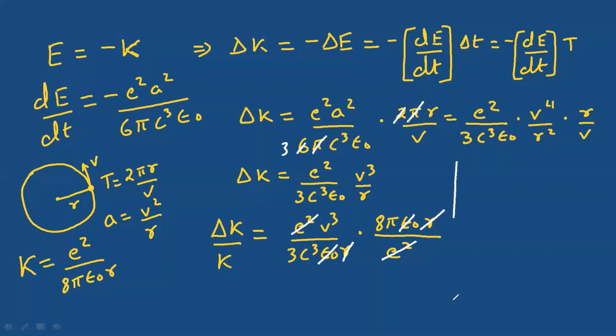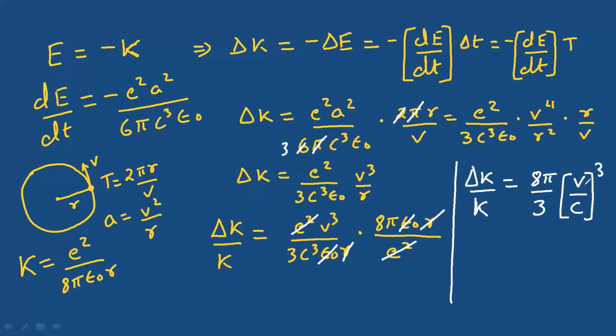So from here, the fractional change in kinetic energy, delta k over k, is equal to 8 pi by 3 into v over c the whole cube, right? This is what we are supposed to find, the fractional change in kinetic energy.